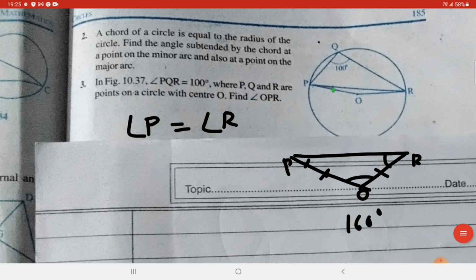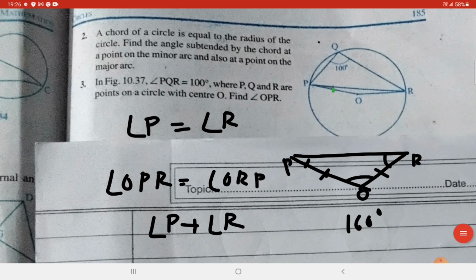We have to find angle P, that is angle OPR. That is same as angle ORP. By applying angle sum property for the triangle POR, we have angle P plus angle R plus 160 degree is equal to 180 degree.